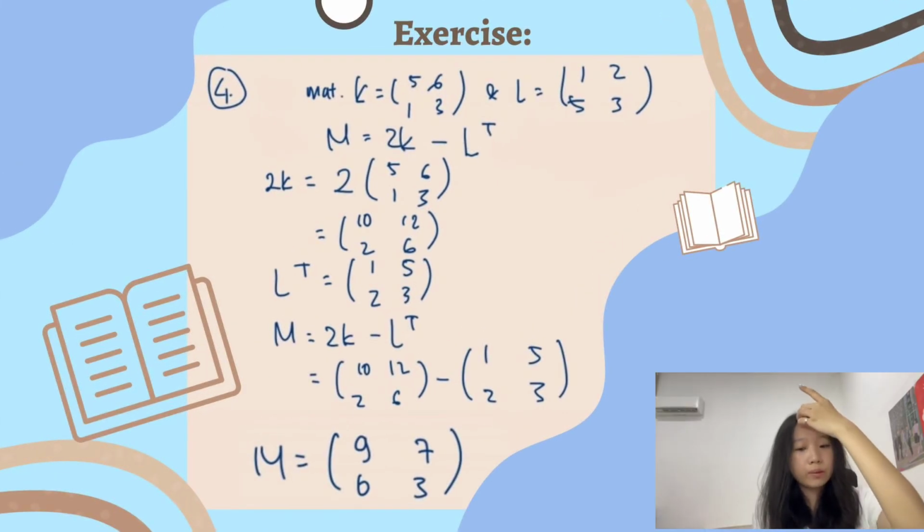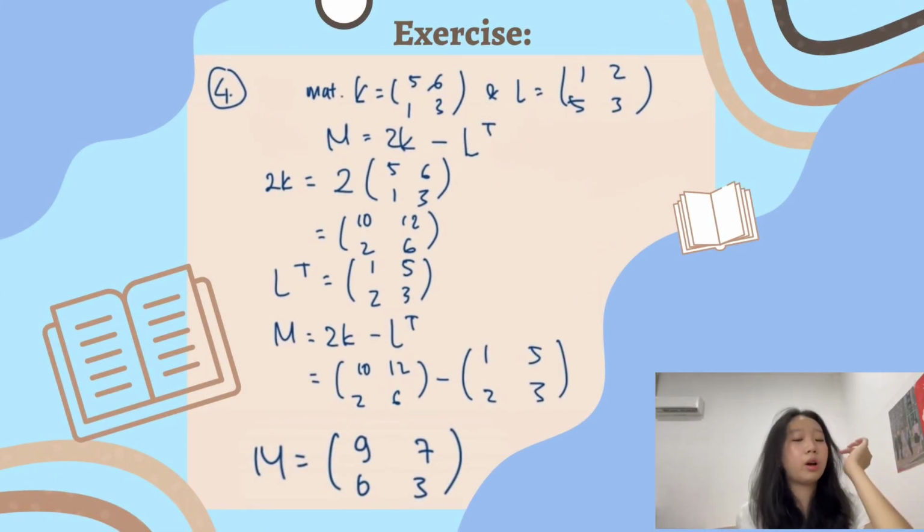For the fourth example, we have to find the matrix of M if M is 2 times K minus the transpose of L. For the 2K, it was 2 times the matrix of K, which is 2 times 5, it was 10, 2 times 6, it was 12, 2 times 1, it's 2, and 2 times 3, it's 6.